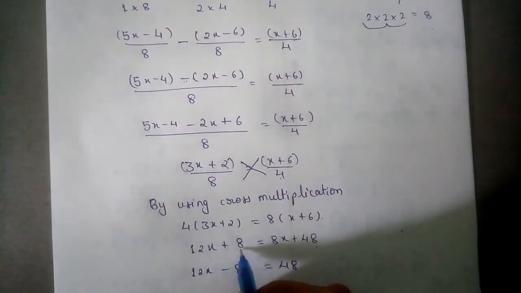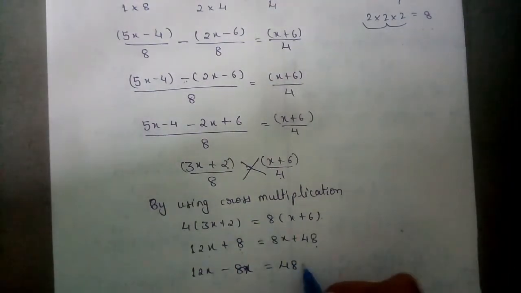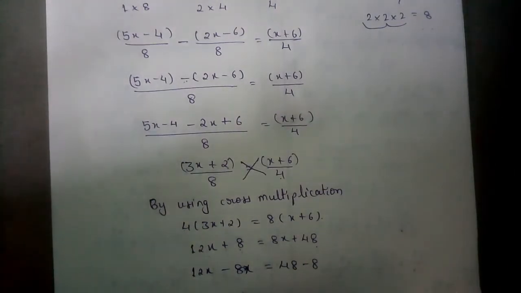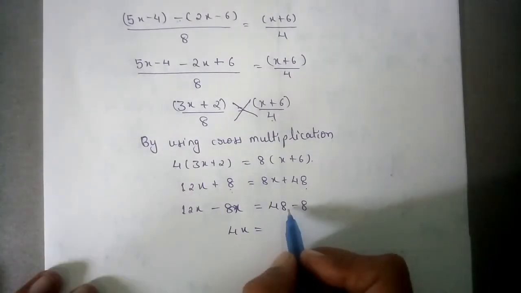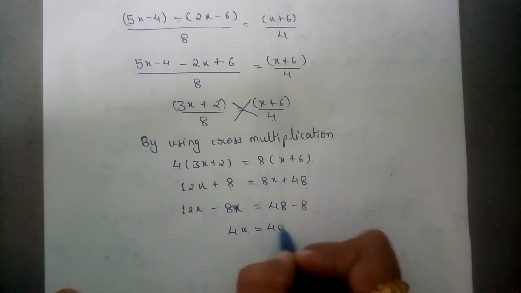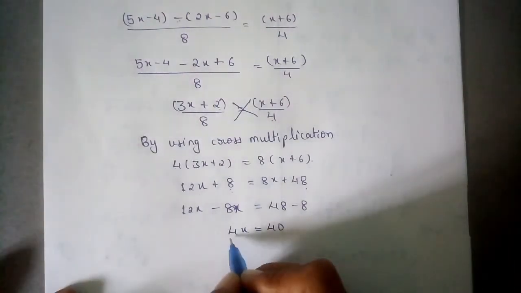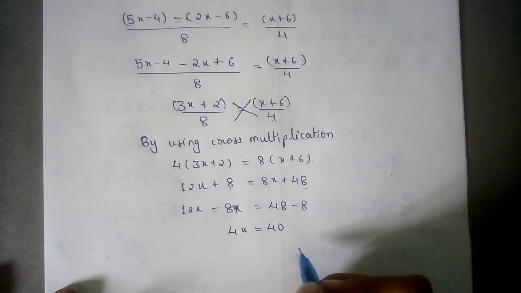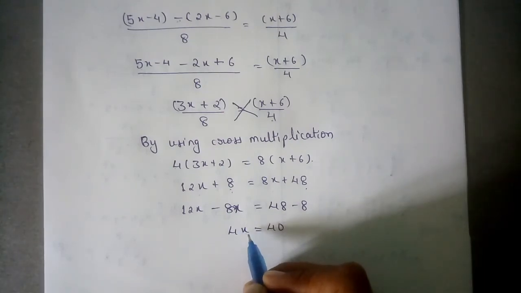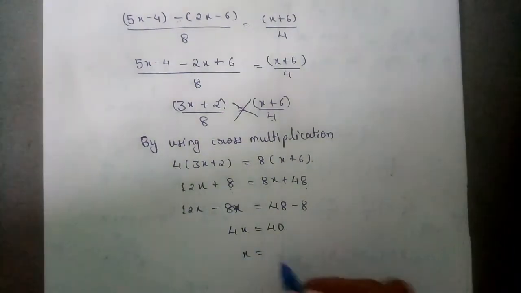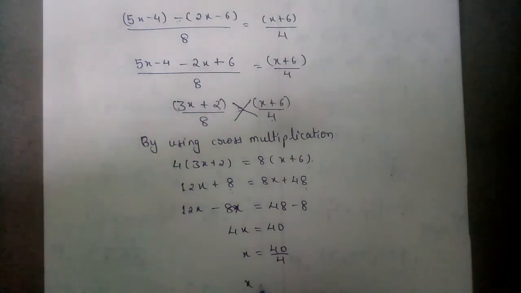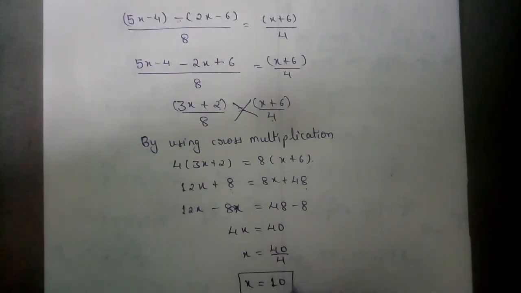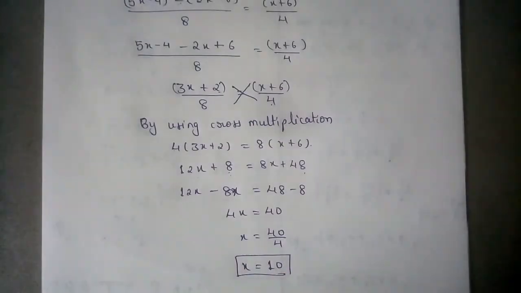Now I will transfer this 8 to the right hand side and plus will become minus 8, then 12x minus 8x equals 4x, which is equal to 48 minus 8, and 48 minus 8 is equal to 40. Now I will transfer this 4 to the right hand side in the form of division, as it is given in the form of multiplication with x, and here we want the value of x, so that is x equals 40 divided by 4, and 40 divided by 4 is equal to 10. So here we got the value of x as 10.